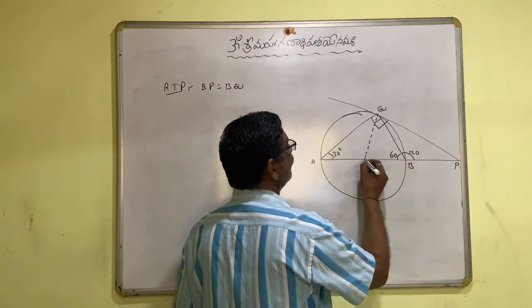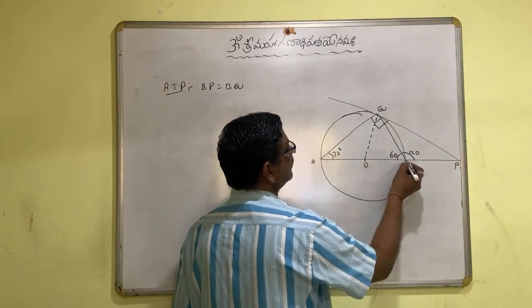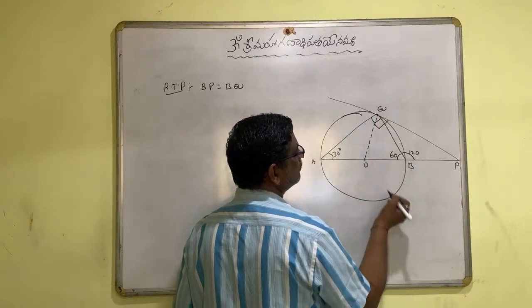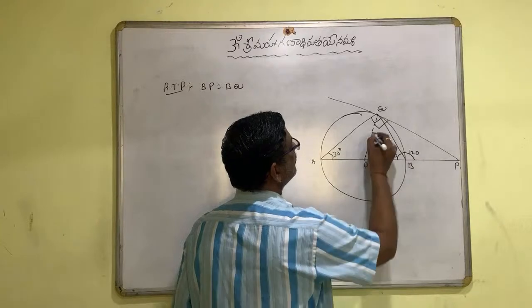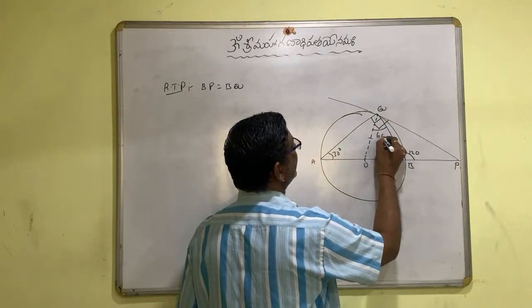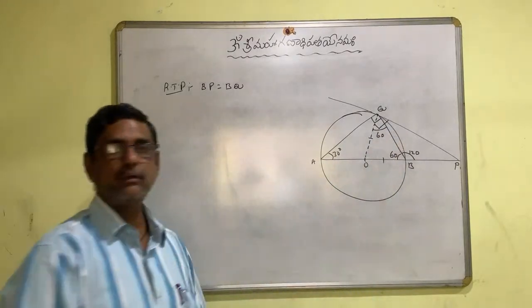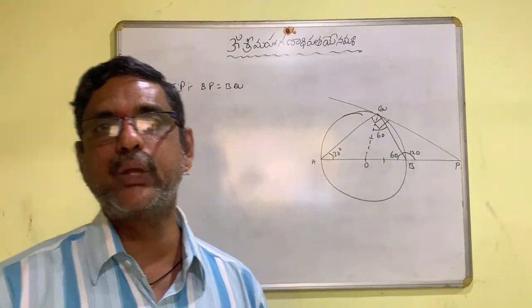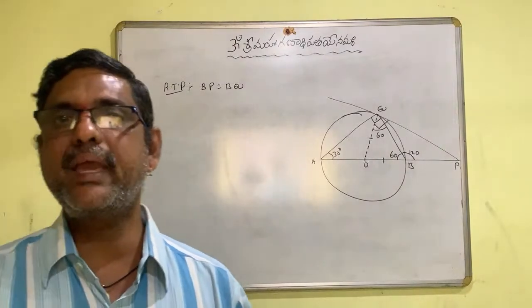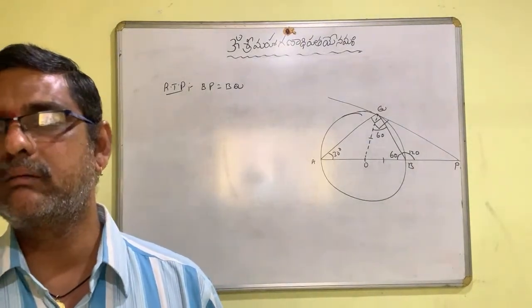Triangle BOQ. OB is equal to OQ, na? Then this angle will be 60 degrees. Is that right? Triangle BOQ, OB is equal to OQ, radii.